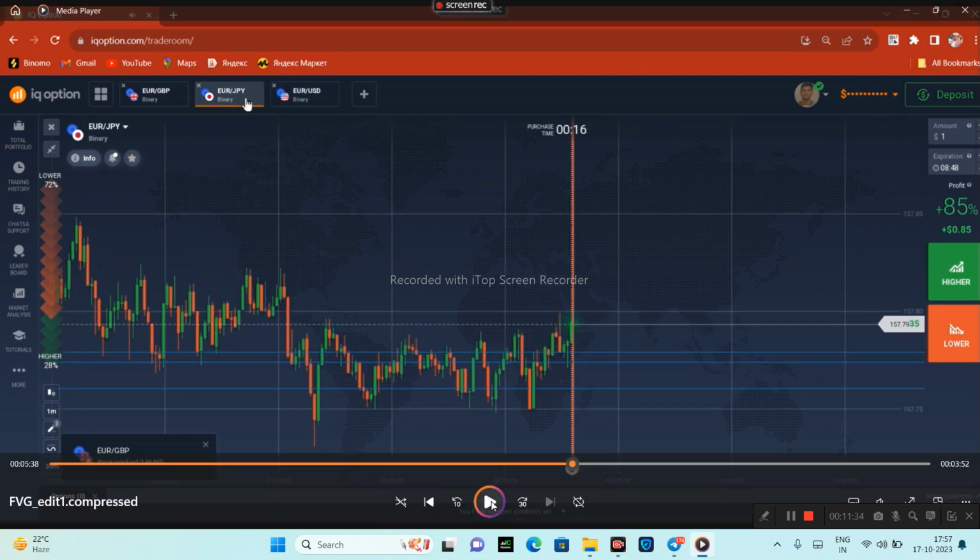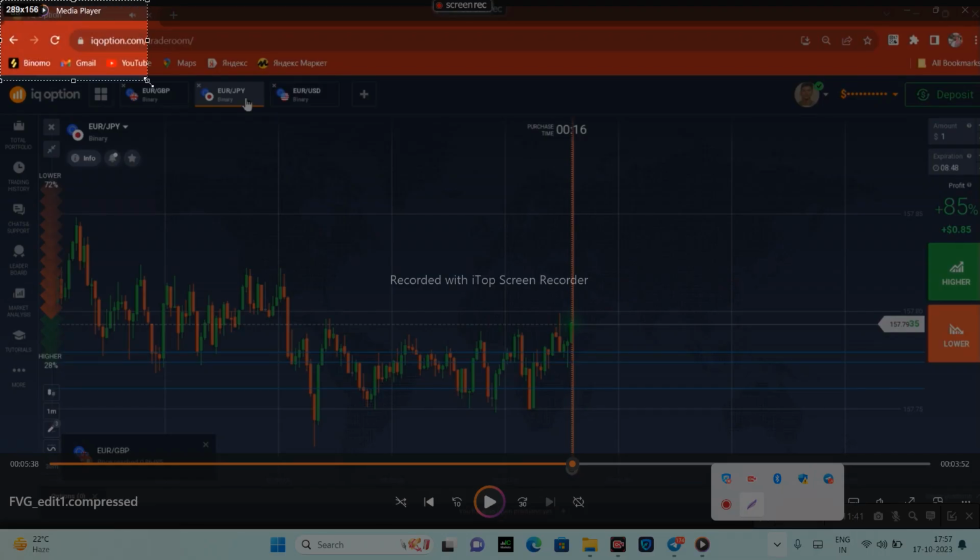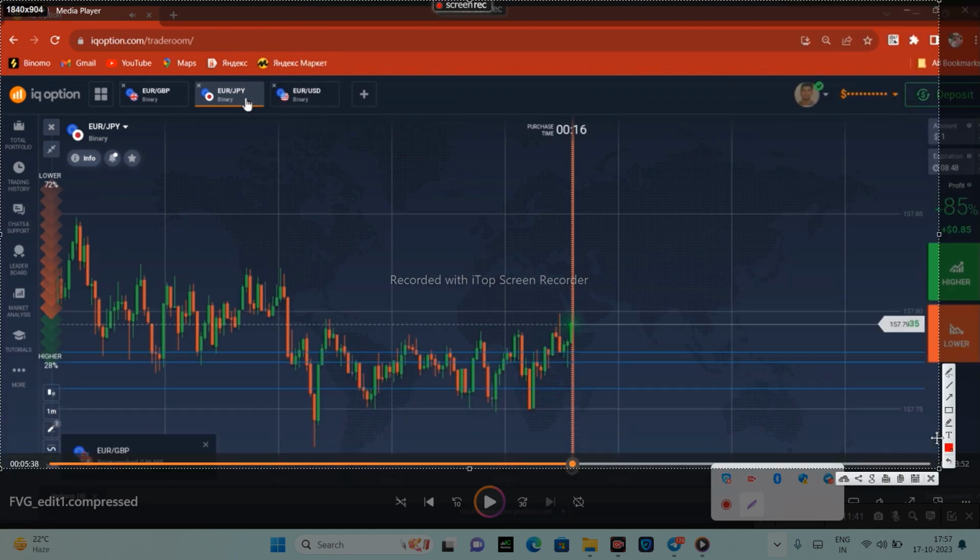One more thing to note about the fair value gap. Bro, see carefully, this is also a fair value gap, but it is a mitigated fair value gap. This gap is in between these two candles. Which candles?